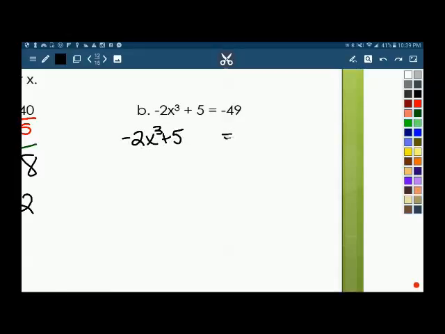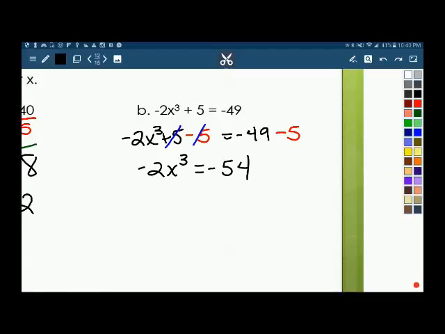I'm going to move the equal sign over a little bit so that I can show that I am subtracting 5, because that's the opposite of adding 5, which is what is originally happening. So the positive 5 and the negative 5 go away, and I'm left with negative 2x cubed is equal to, now be careful, negative 49 minus 5 more is negative 54.